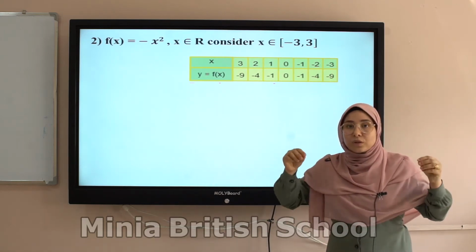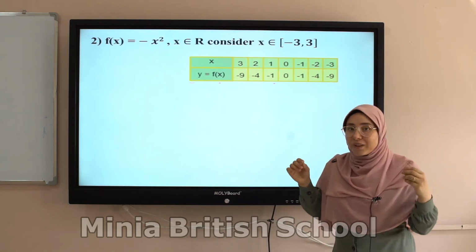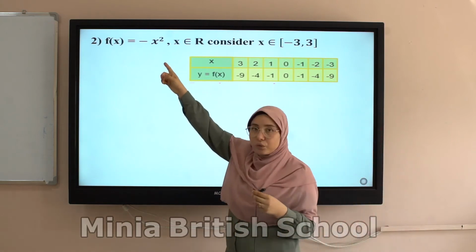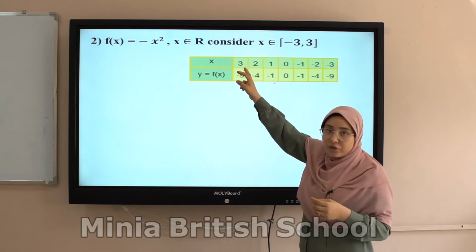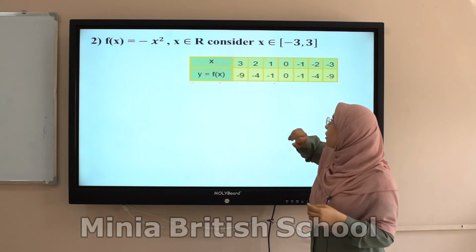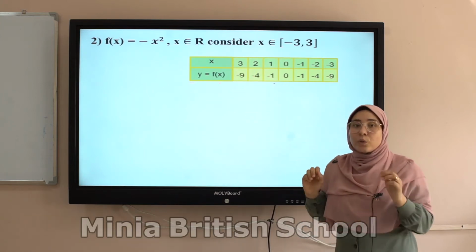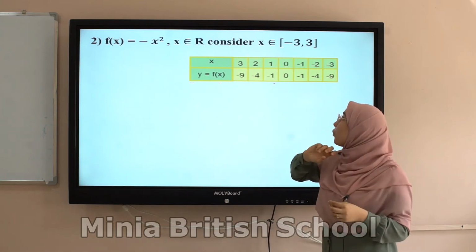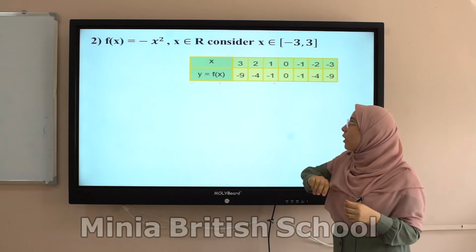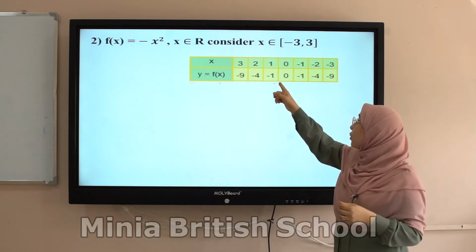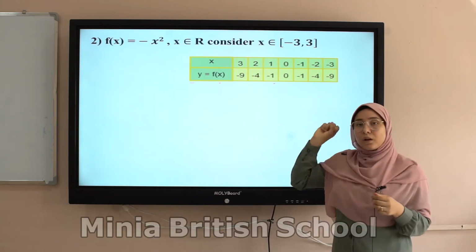When I substitute the values of x in this rule, we get when x equals 3, y equals -9. When x equals 2, y equals -4. Also, when x equals 1, y equals -1, and so on.